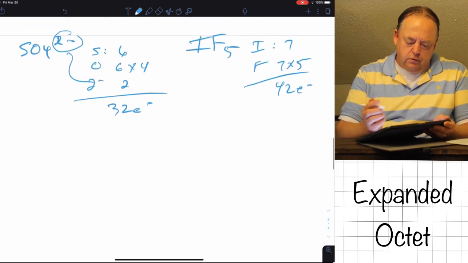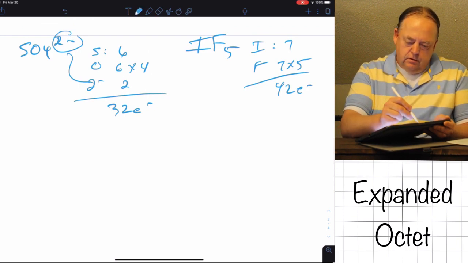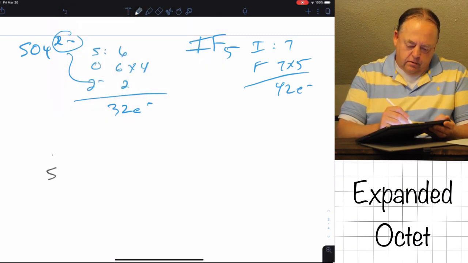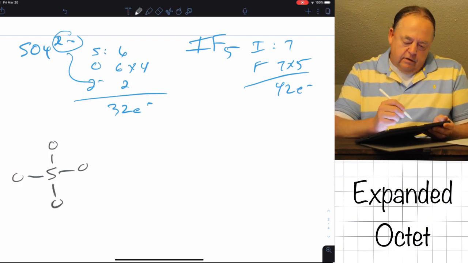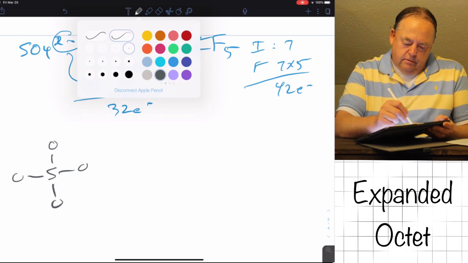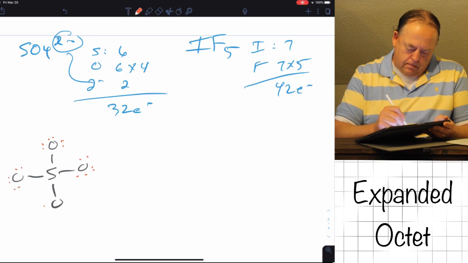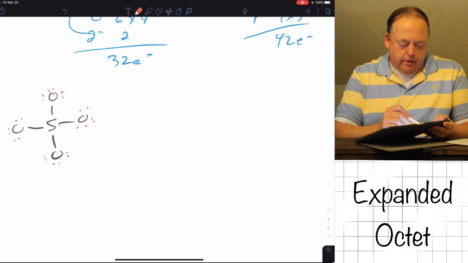Okay, so for SO4 2-, if we drew a Lewis structure, we put sulfur in the middle, attach the 4 oxygens, and then give everything enough lone pairs to make 8 to complete the octet. So that's 3 lone pairs on 1 oxygen.